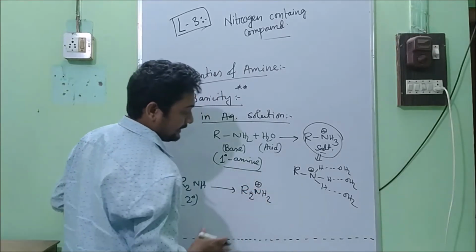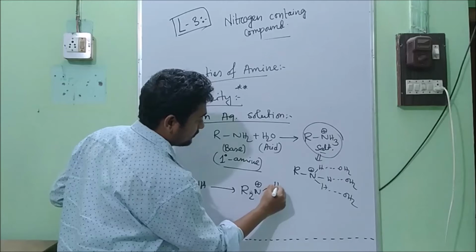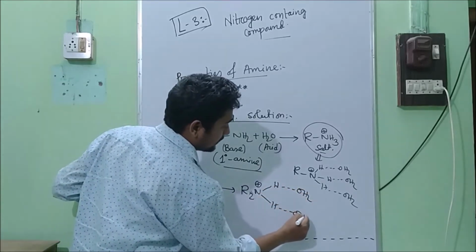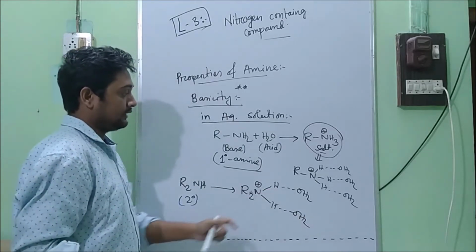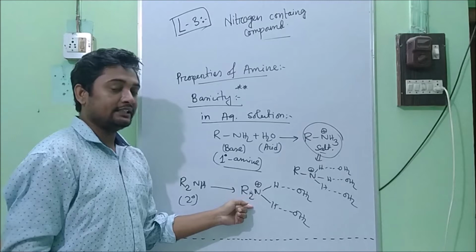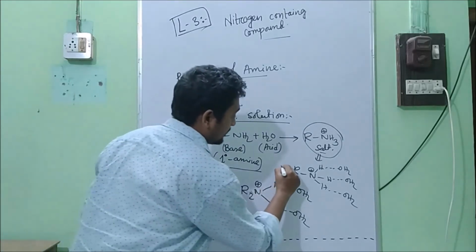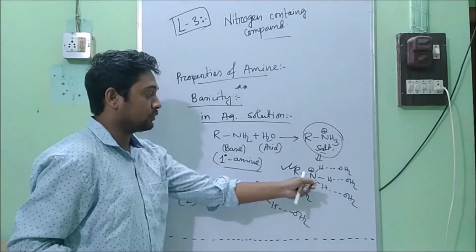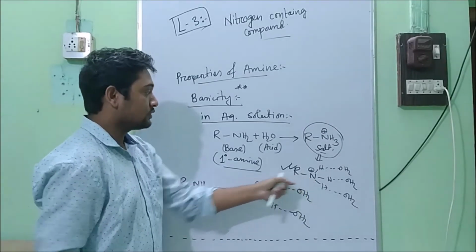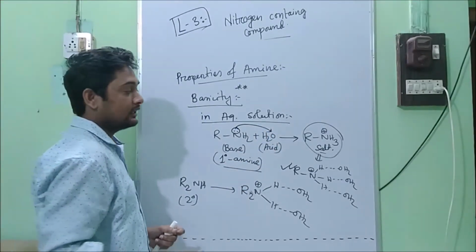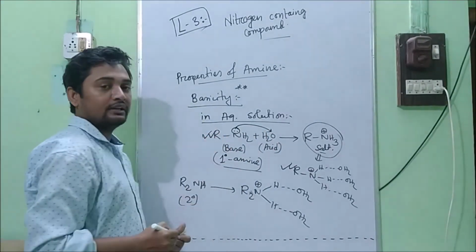That means 2 hydrogens are there, so it will make hydrogen bonds with water molecules. So there are 2 hydrogen bonds. If we compare which conjugate acid is more stable, we will say the 1 degree one is more stable, because it forms more hydrogen bonds. As it is more stable, it can donate the lone pair at a faster rate, so its basicity will be more.